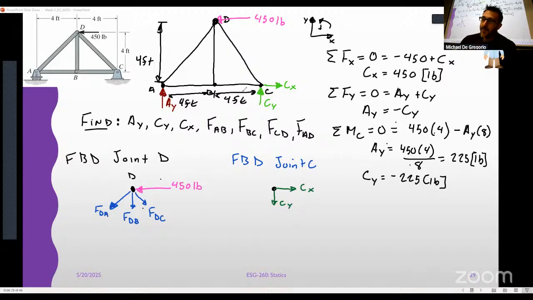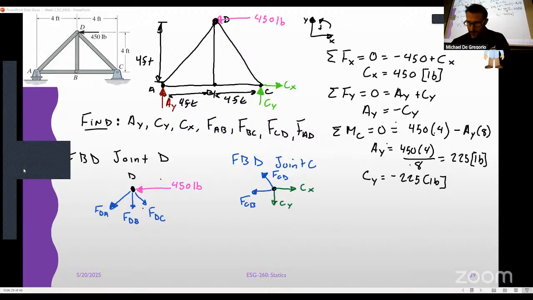Remember, we found out that CY was negative, and so in subsequent FBDs, we will draw it in the correct direction. I'm assuming everything is in tension to start. Okay. So we can write this out, right?